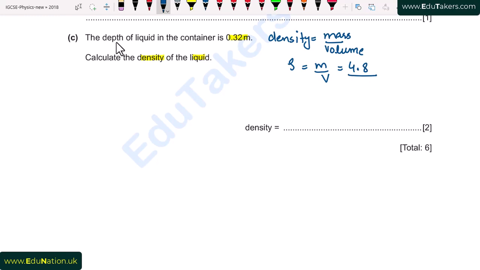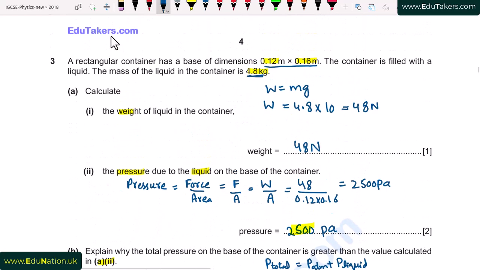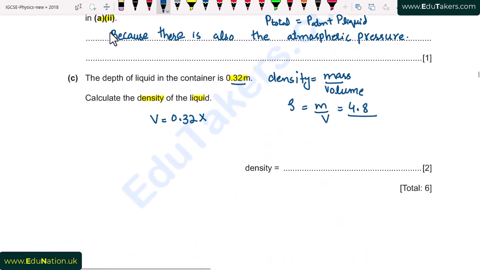divided by volume. Volume is not given, and we have to find out the volume. So volume will be equal to the depth 0.32 multiplied by area, that is given, 0.12 meter multiplied by 0.16. So this is our total volume. I write here 0.32, 0.12 and 0.16.